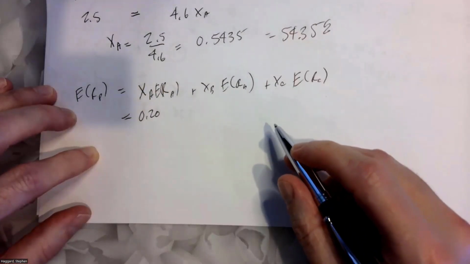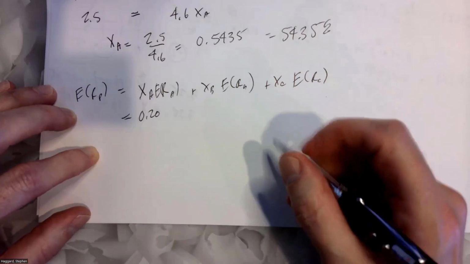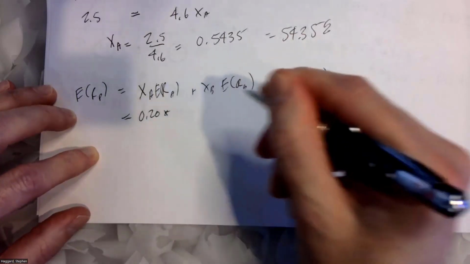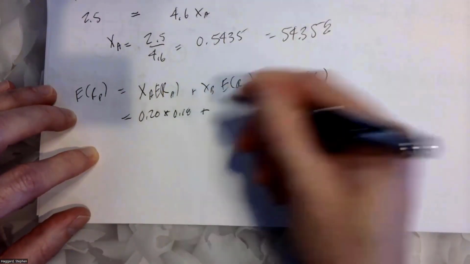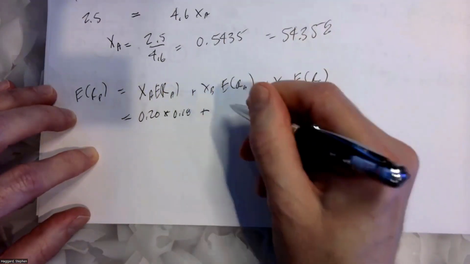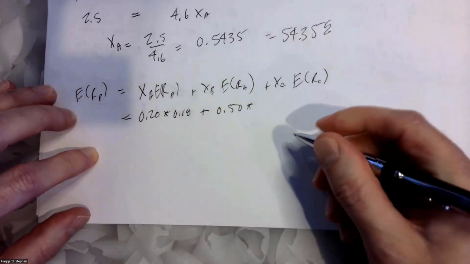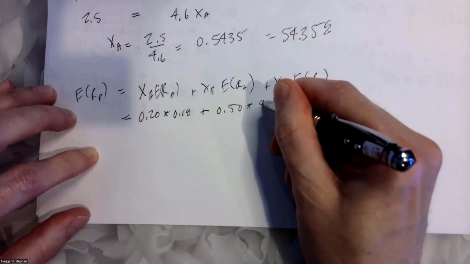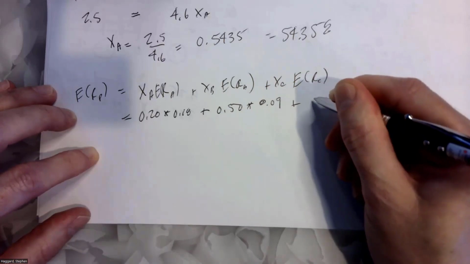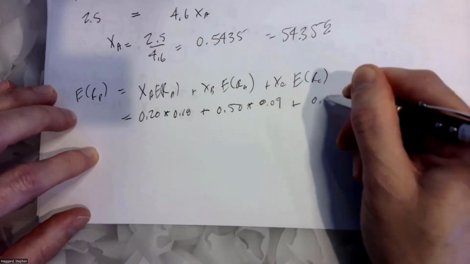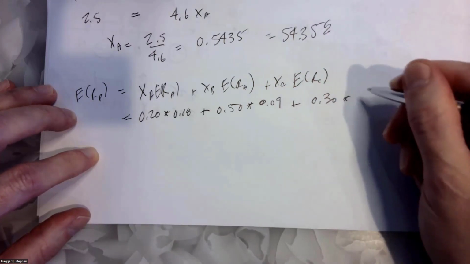And this return for stock A in the first boom scenario is 0.18 plus the weight on B is 50% times the expected return on B in the boom is 9% or 0.09 plus, by the way, did they even have to tell you 30% on stock C? We know those weights have to add to 1, so I didn't even have to tell you that.